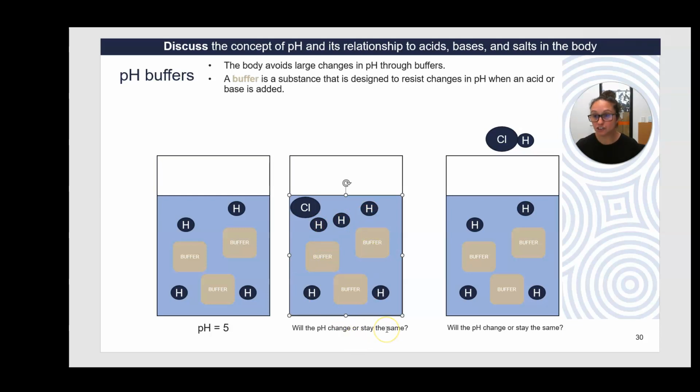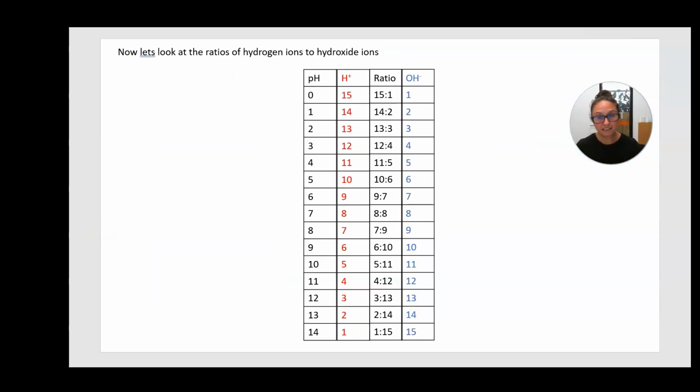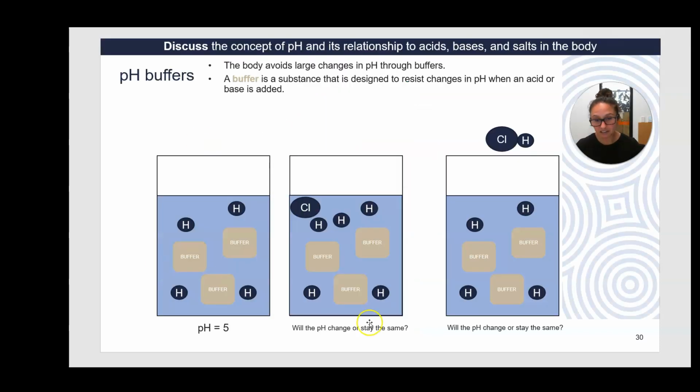Is that going to change my pH, or is the pH of my solution going to stay the same? It's going to change it, because all of a sudden I have more hydrogen ions. Let's have a look at our pH scale. More hydrogen ions means lower pH. So it's going to change it.